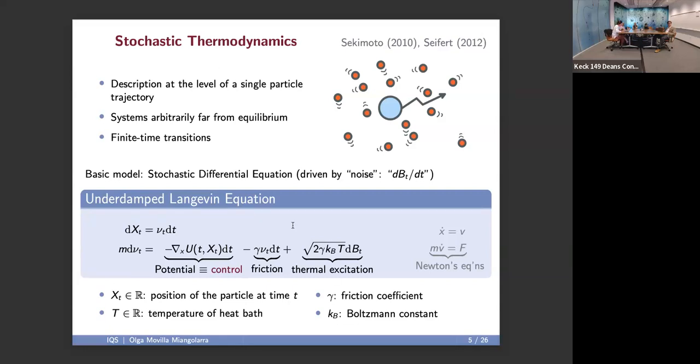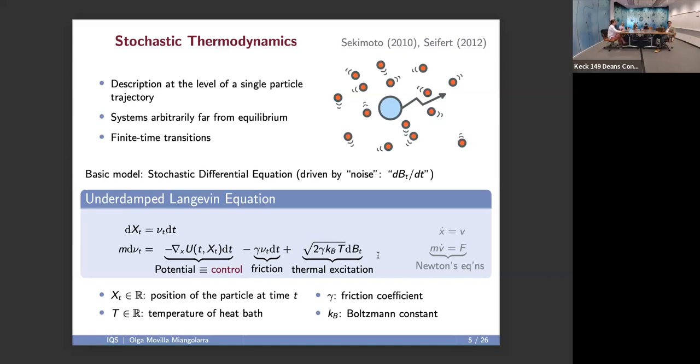And then we have two other terms, and these two terms really come from the interaction between our Brownian particle and our heat bath. The first term is a frictional term, so it's just trying to capture the fact that these red particles are going to try to oppose the movement of the Brownian particle. So this is linear friction, and gamma is the friction coefficient.